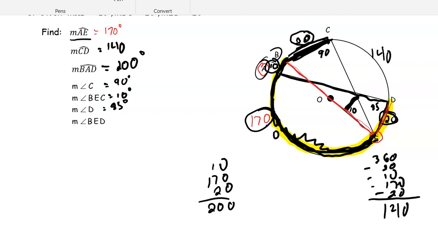If we look at the arc that creates, that would be this here, which is 160 degrees. Half of 160 degrees is 80. So this would have to be 80.